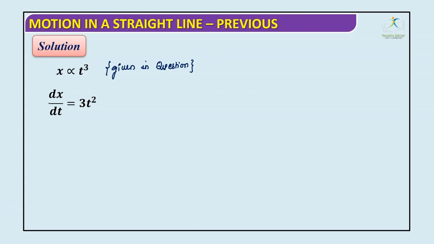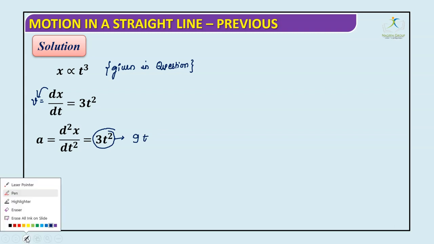So dx by dt gives the value of velocity, so v is equal to dx by dt. After differentiation we get 3t squared. And once again after differentiating we get the value of acceleration, which is 90. This will not be 3t squared, students. There will be some mistake. This will become 90.